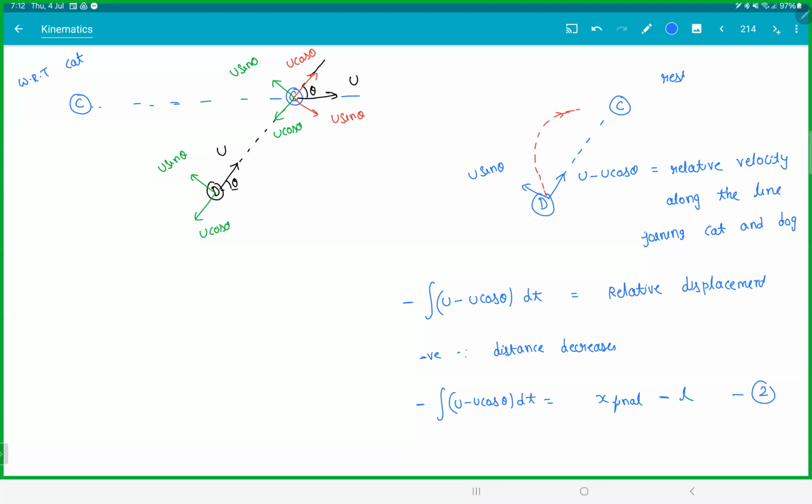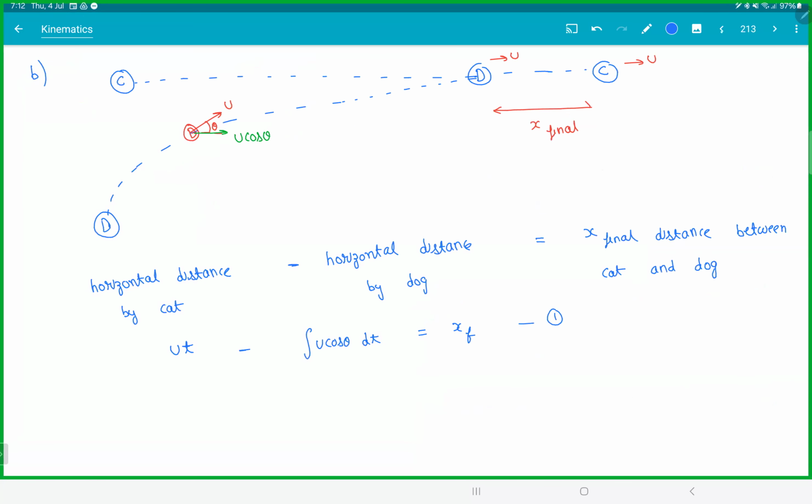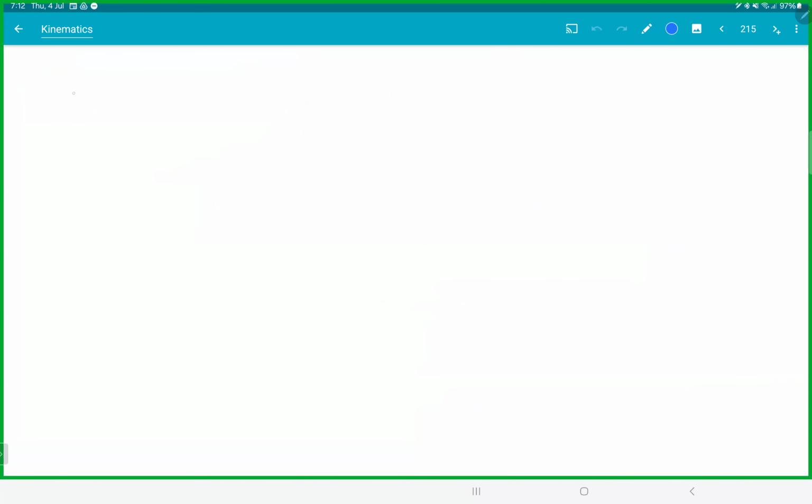Right, next thing. There we got two equations. So we have ut minus integral u cos theta dt, that is your x final. That was equation 1. Integral of minus (u minus u cos theta) dt is x final minus L. So from here, integral u cos theta dt is nothing but ut minus x final.